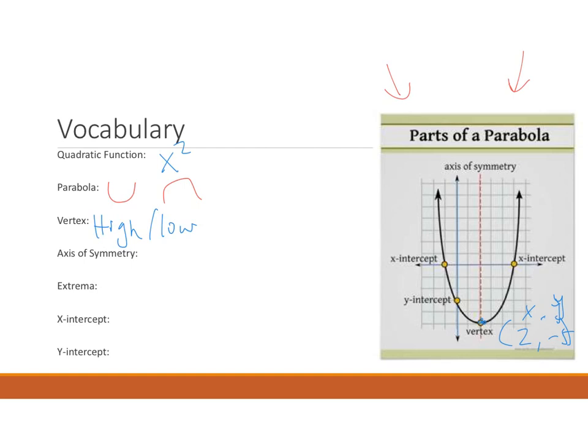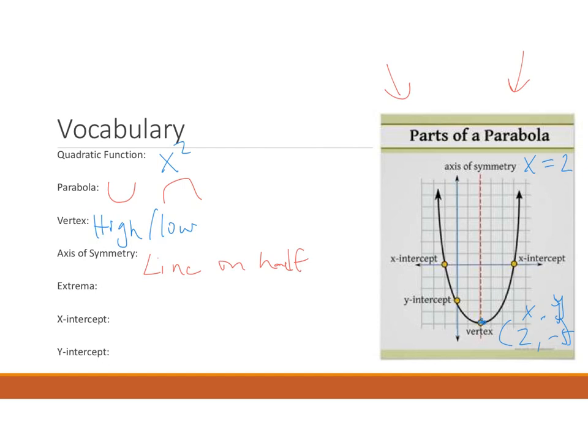The axis of symmetry is the line that cuts the parabola in half, but it's half symmetrically, meaning even on both sides. You can see the axis of symmetry is this dotted line that's going down. Since it's a line, we're going to write it as a line. X equals, well, it's going over where x equals 2.